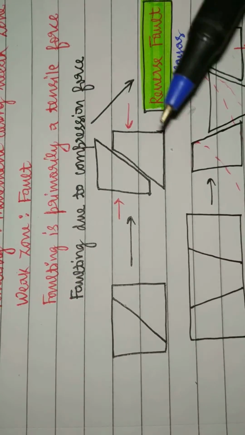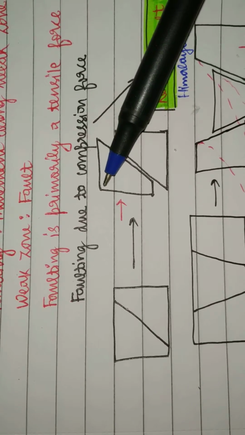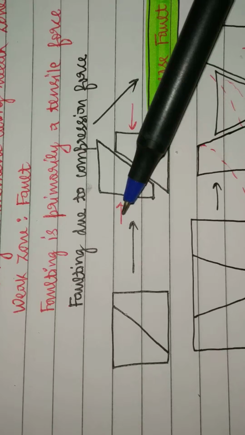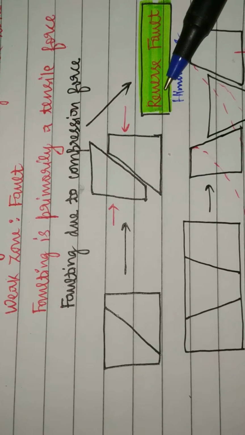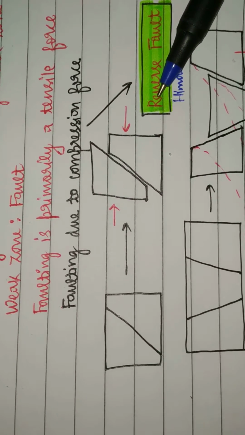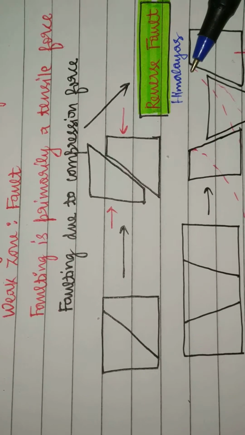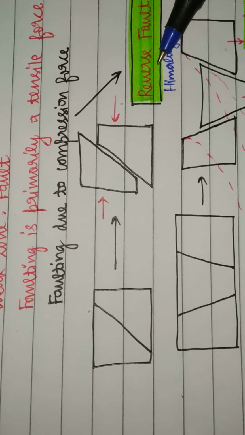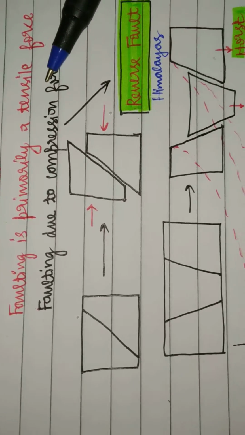When faulting occurs due to the compression forces, okay, reverse fault forms. Example, Himalayas, where after folding, faulting has occurred.